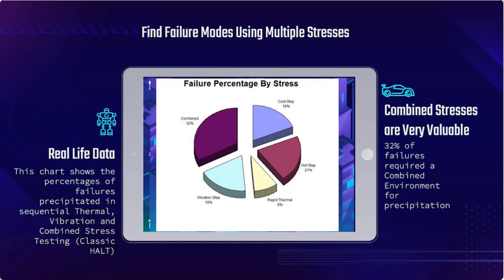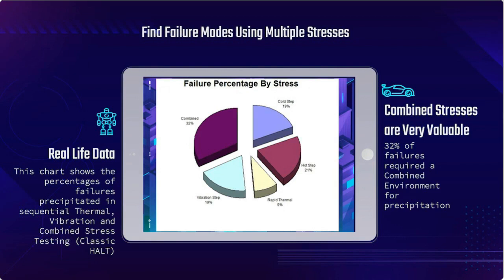And in these tests, we broke down exactly what stresses induced what percentage of failure modes. As you can see from this graph, between the cold and the hot stresses, we've got about 40% of the failure modes. Vibration and rapid thermal come into almost 70% of the total.